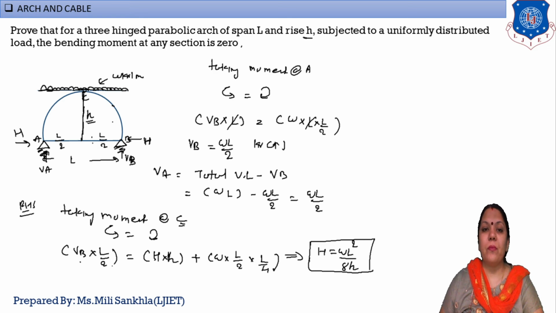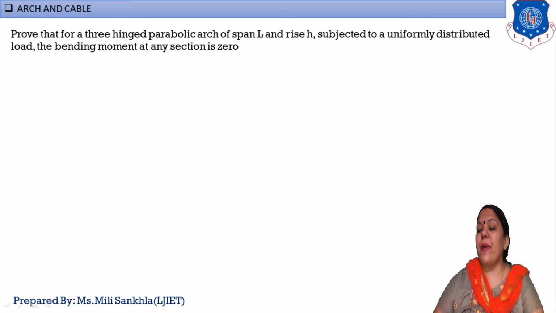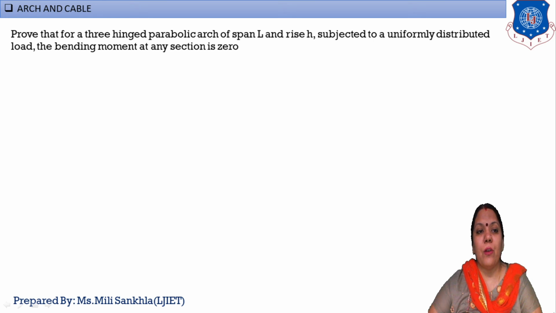Now, next, we find out the bending moment at any point X on this parabolic arch, which is equal to 0. Here, what is Y? Y is equal to 4H X into L minus X, divided by L square.